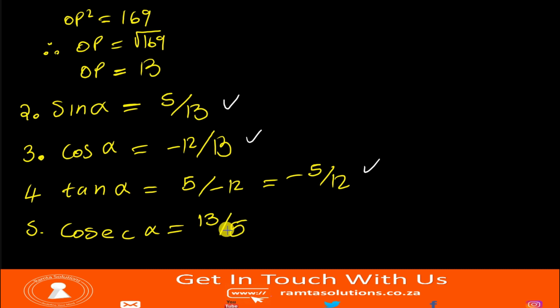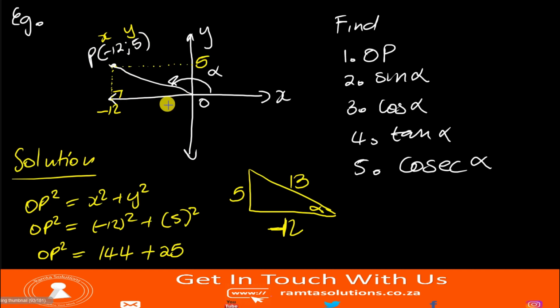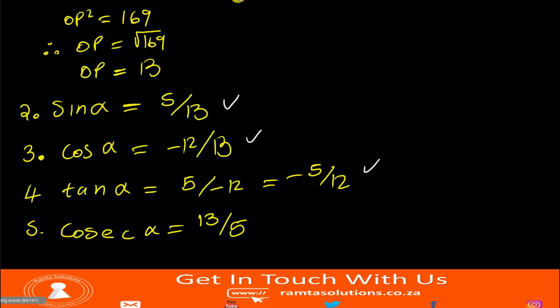Perfect. Now, we are done with this. This is what it means. Sometimes you will not be given information like this. You will be given a word statement and you must convert it to your diagram.